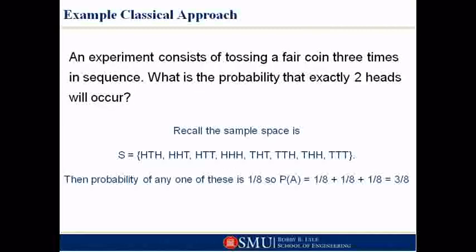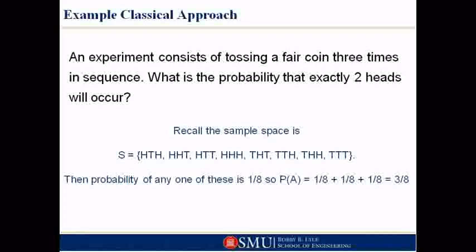An example: an experiment consists of tossing a fair coin 3 times in sequence. What is the probability that exactly 2 heads will occur? Okay, remember the sample space was this, so all of these different outcomes, 8 different outcomes, that's the size n. And our characteristic, as we've defined it here, the event A is exactly 2 heads. So exactly 2 heads, I can look at it and say there's an outcome that has 2 heads.